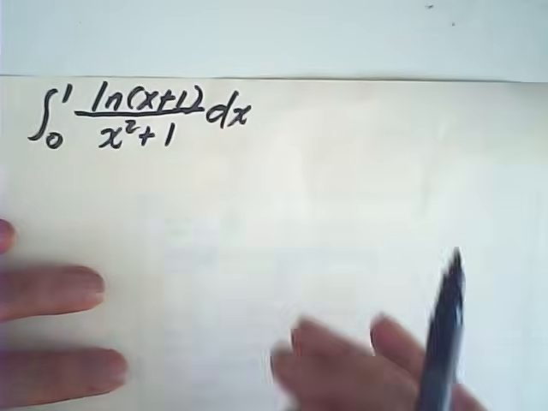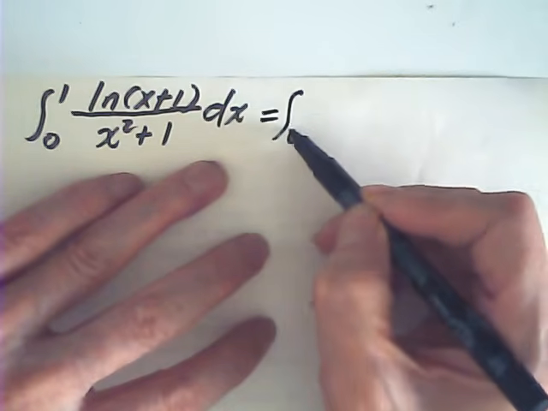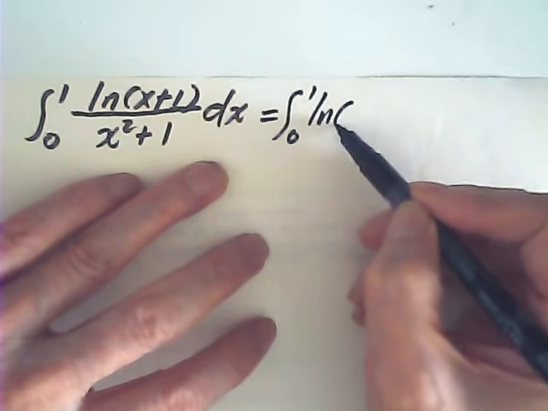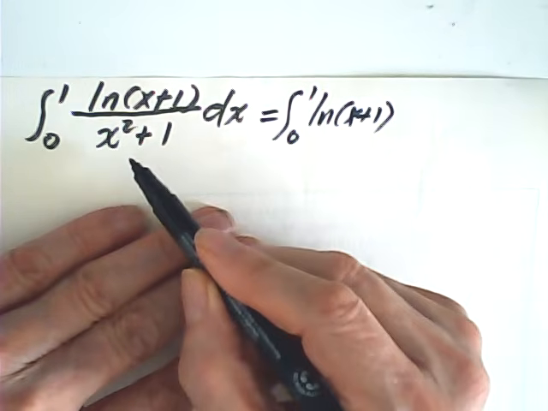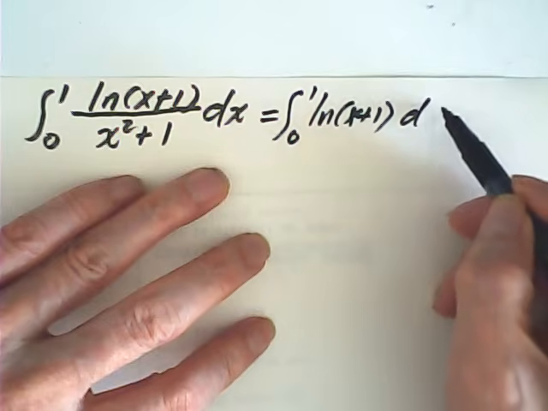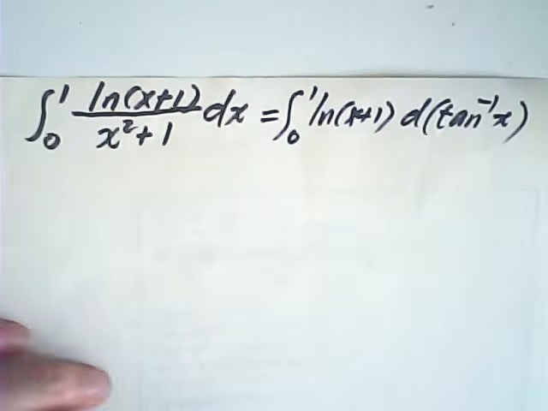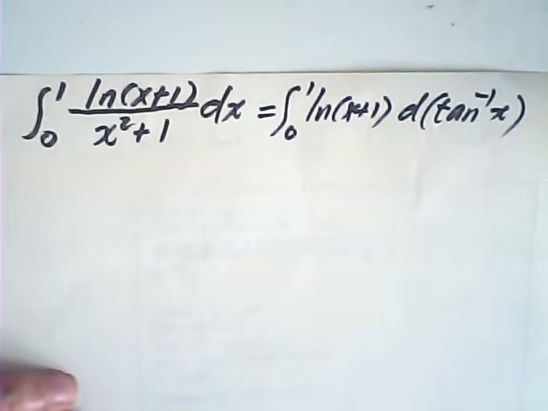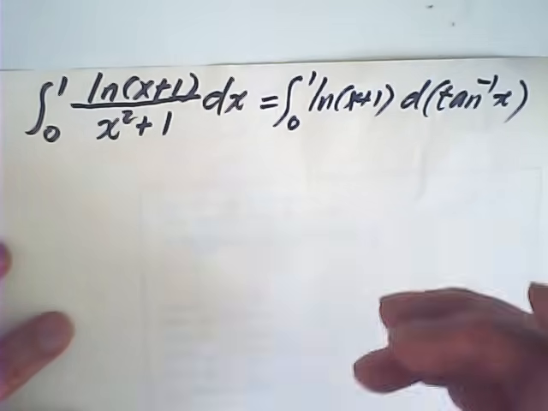The fourth method, I start with by parts. Now, this one is equal to the integral from 0 to 1 of natural log of x plus 1, dx over x squared plus 1, which is d arctangent x, isn't it? Now, this method is not that easy.